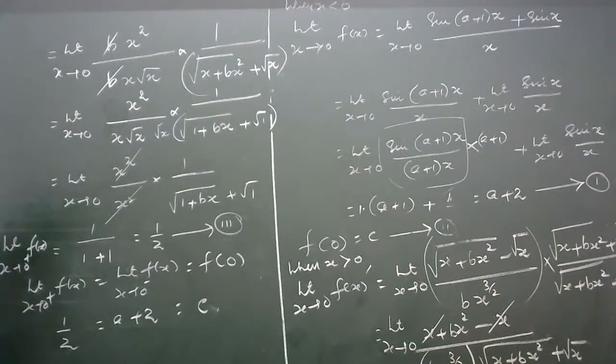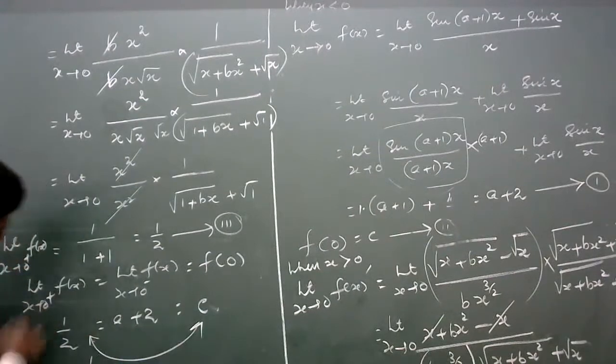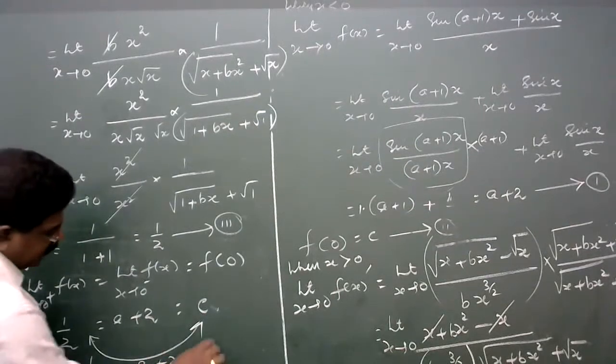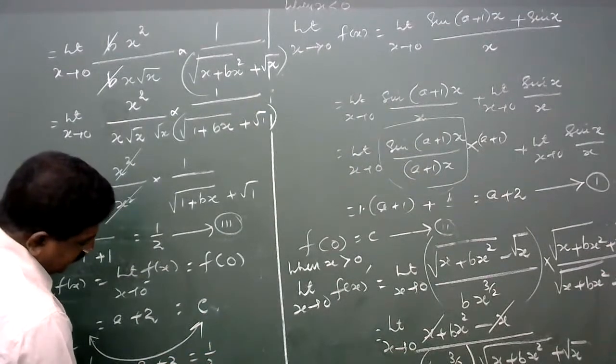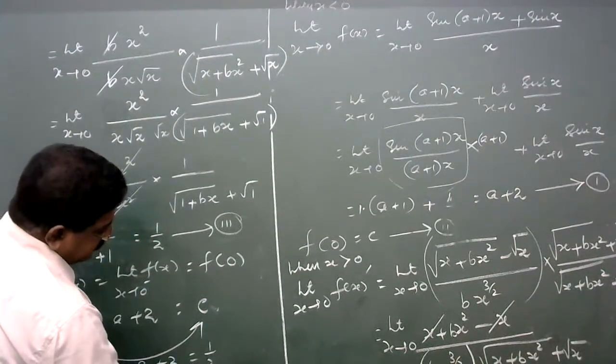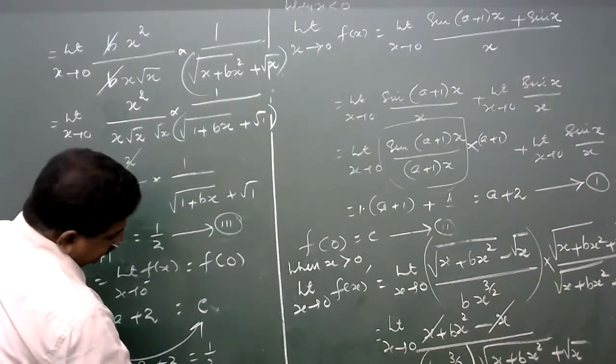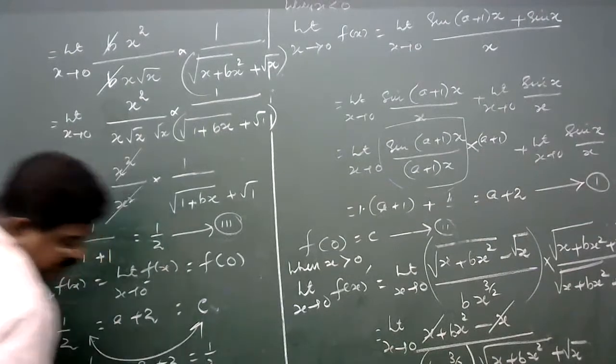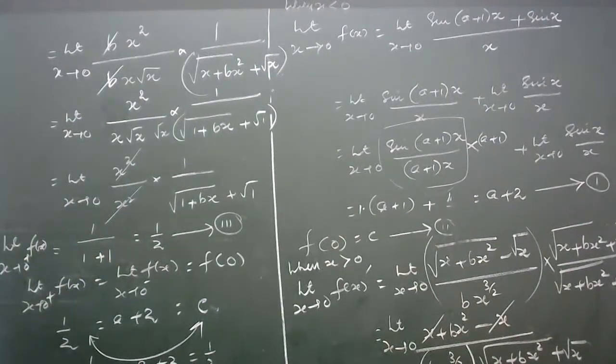From here we got the value c is equal to 1 upon 2. Directly we can link it. So c is equal to 1 upon 2, one value over. Now a plus 2 is equal to 1 upon 2. Then what is a? A is equal to 1 by 2 minus 2, that is minus 3 by 2. Correct? Now what about the value of b?